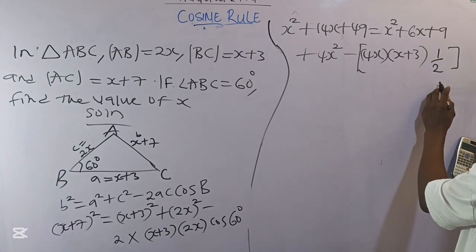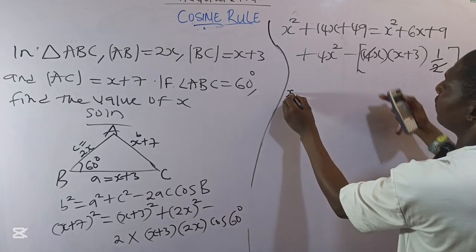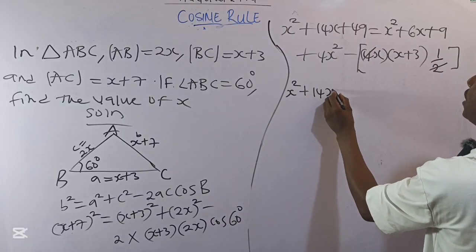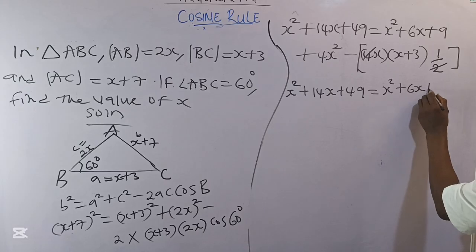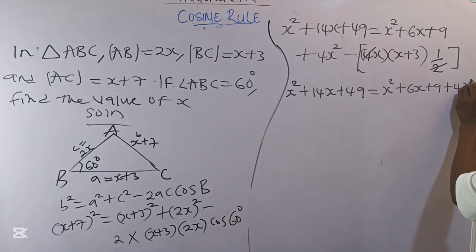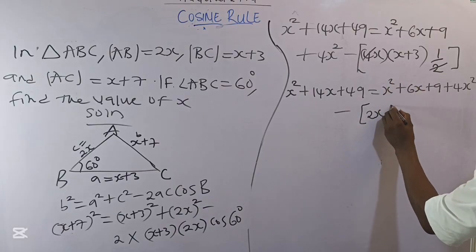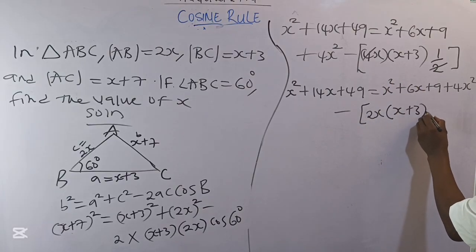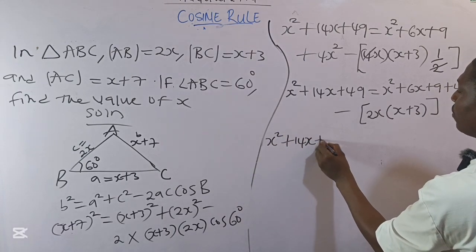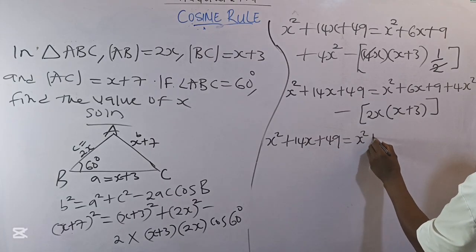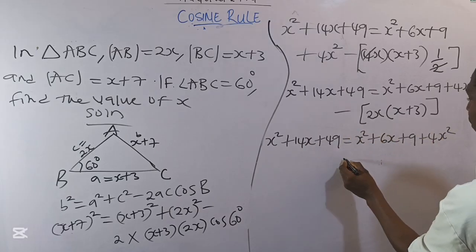So you can see that this can cancel this, and I'll have s squared plus 14s plus 49 equal to s squared plus 6s plus 9 plus 4s squared minus, this will become 2s in brackets (s plus 3).